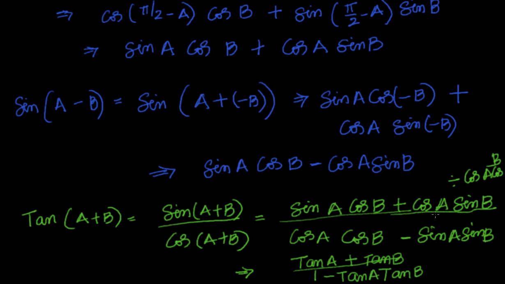So tan of (a + b) equal to sin of (a + b) by cos of (a + b), that is nothing but equal to (sin a cos b plus cos a sin b) by (cos a cos b minus sin a sin b). If you divide both numerator and denominator by cos a cos b, you will see that it's nothing but equal to (tan a plus tan b) by (1 minus tan a tan b).